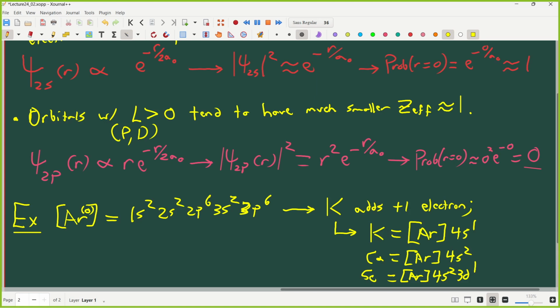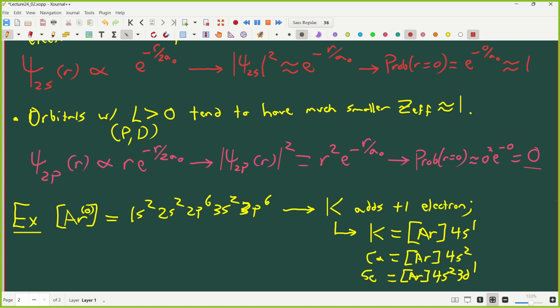Why is that? It's because the 4s electrons can bury themselves more deeply into the core, so they feel a stronger attraction to the atom. There's a stronger attractive potential energy for the 4s electrons.